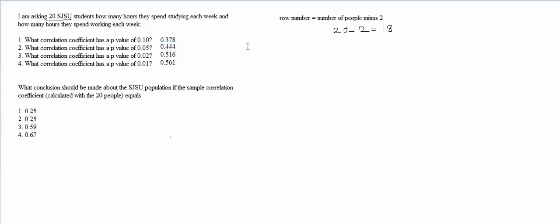So once you know what row number to use, you can go to that row, and then your answer for 0.10 comes from the 0.10 column. Your answer for 0.05 comes from the 0.05 column. Your answer for 0.02 is from the 0.02 column. It just works that way.